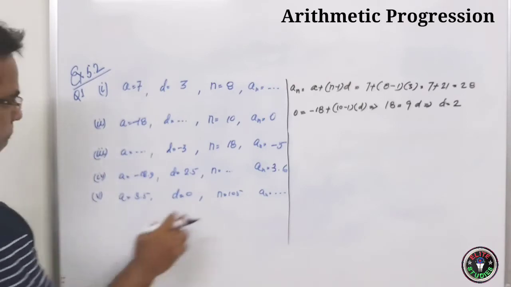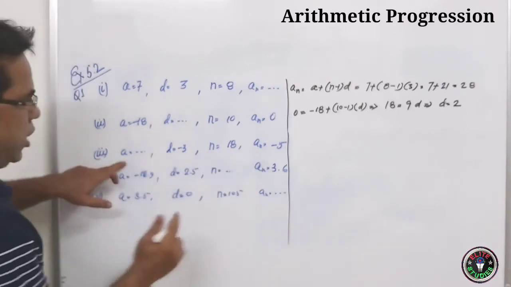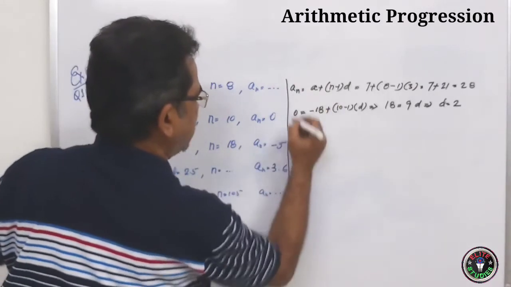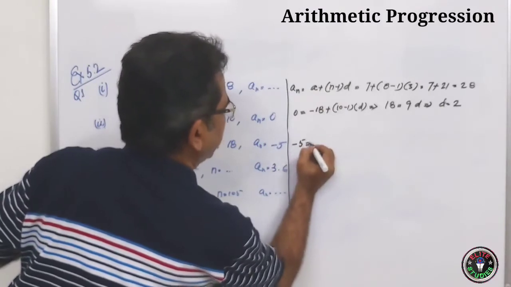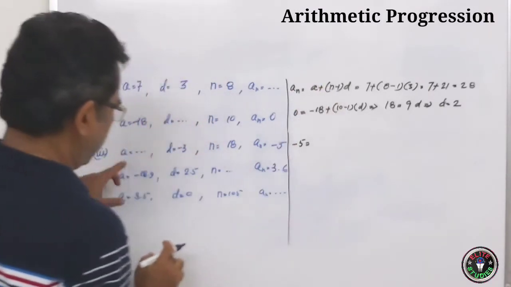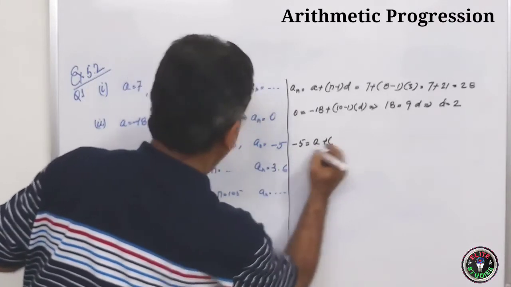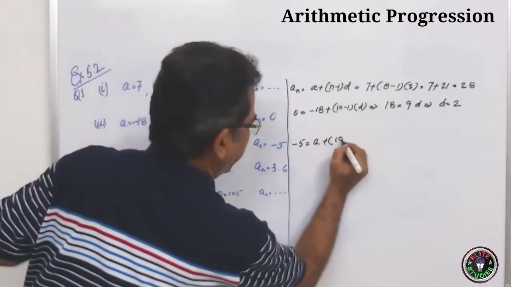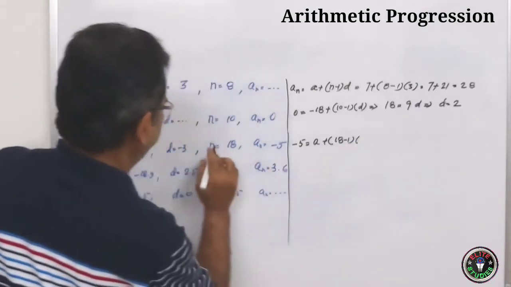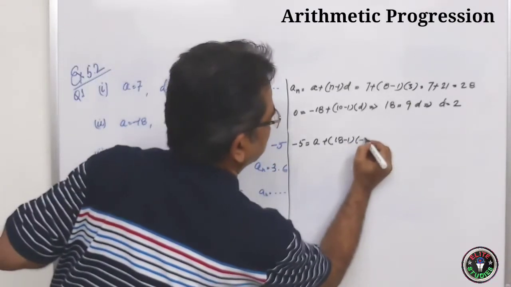Okay, now here you have to find a. So again you put in the same formula, an is equal to minus 5, and a you have to find out. A plus n minus 1, n is 18, and d is minus 3.